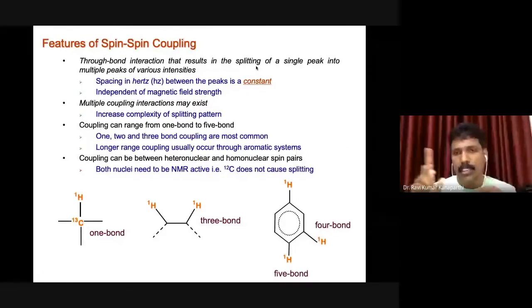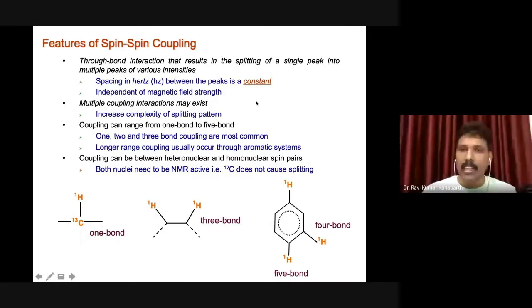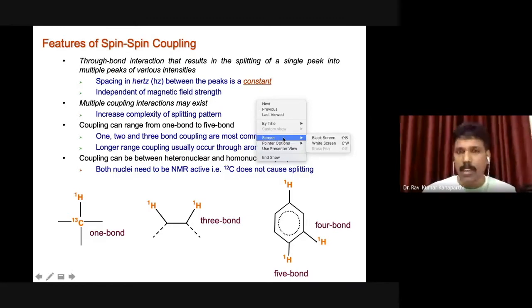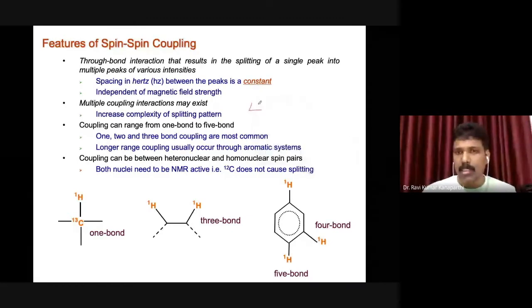So the minus 6 and the 10 power 6 both get cancelled out, and whatever you multiply, 400 into 0.03, it gives you the coupling constant, right?